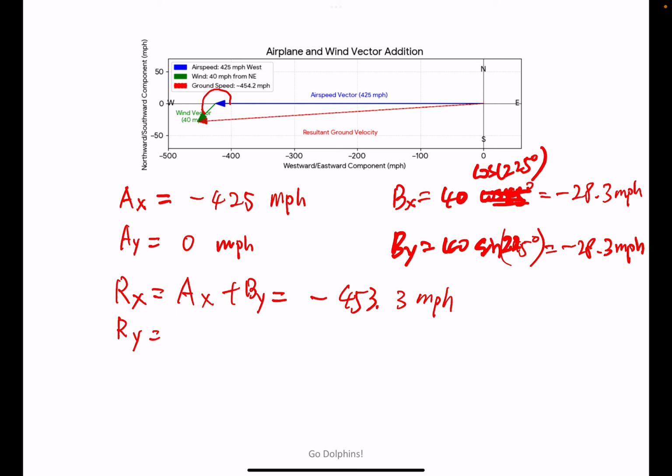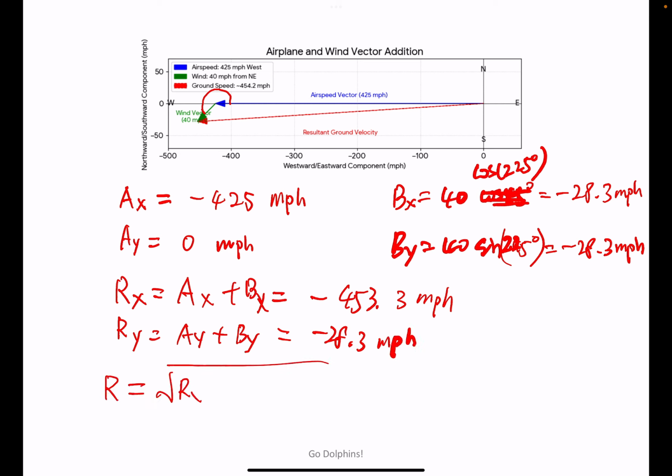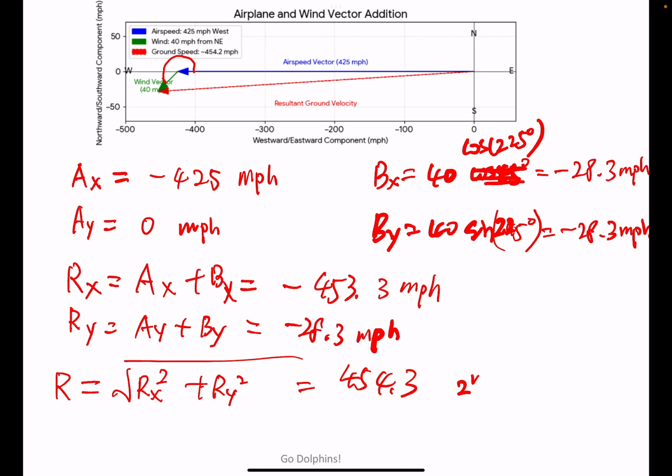Y component of ground speed. So the ground speed calculated by Pythagorean theorem will be 454.2.